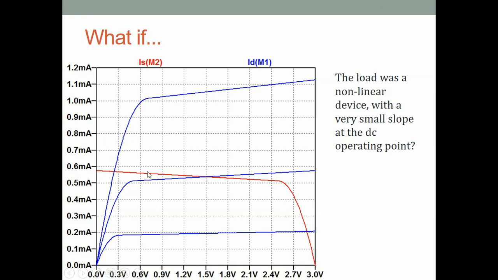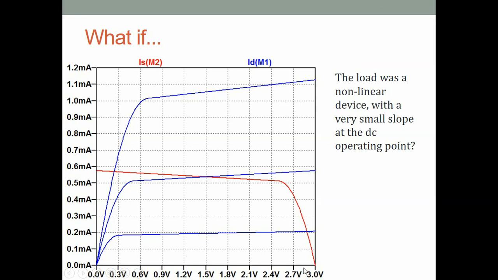It is shallow over this region, but then somehow magically the IV characteristic of the load falls off to 3 volts as it approaches VDD. Wouldn't that be nice? Then we can get high voltage gains without requiring large VDDs, right?